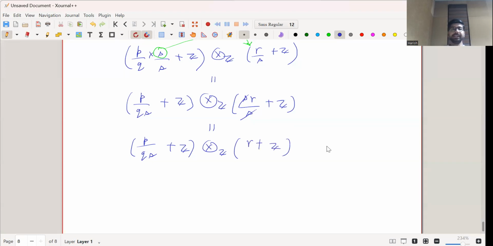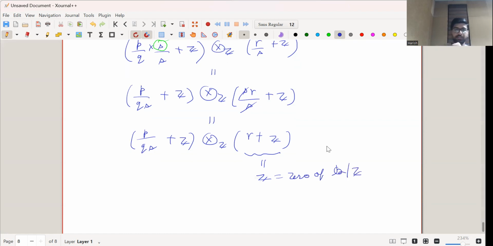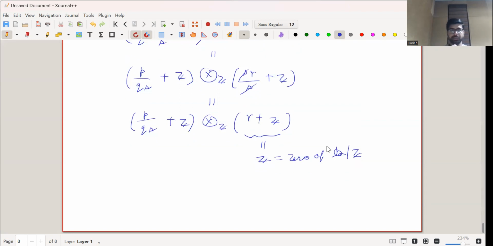Now r is an integer, right? So this is actually the quotient, and that is Z, which is the 0 of Q/Z, right? The 0 of Q/Z is this Z only, right?